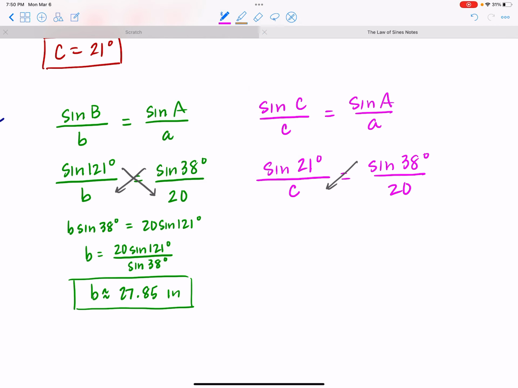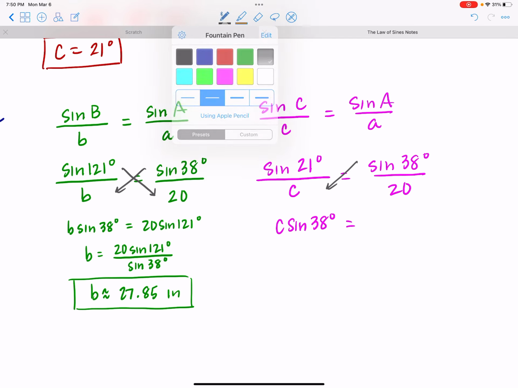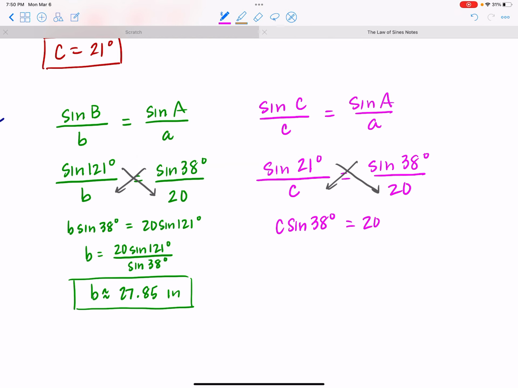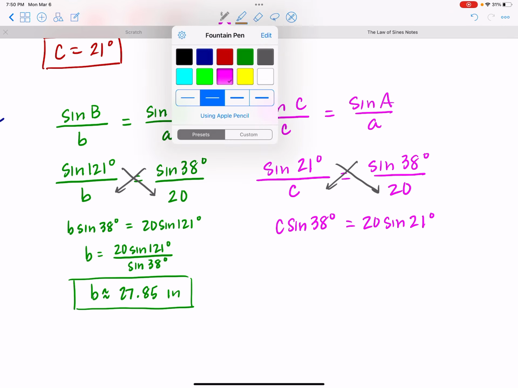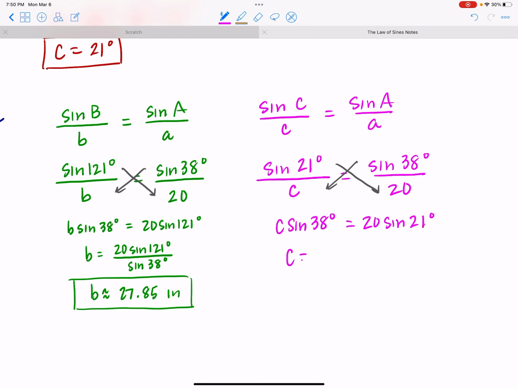So again, this gives me C times the sine of 38 degrees, and that's going to be equal to, when I cross multiply here, 20 times the sine of 21 degrees, and now to solve for C I have to divide. So C is going to be equal to 20 times the sine of 21 degrees divided by the sine of 38 degrees.